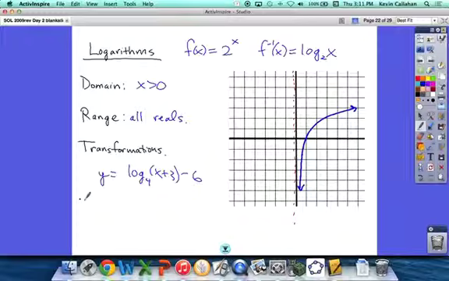Okay, which one of those moves the asymptote? It's a vertical line. So moving it up and down wouldn't change anything. But moving it left and right, it's definitely going to change it. Right, so if I move it to the left 3, what's the new domain? X is greater than negative 3. Right, that would change it.